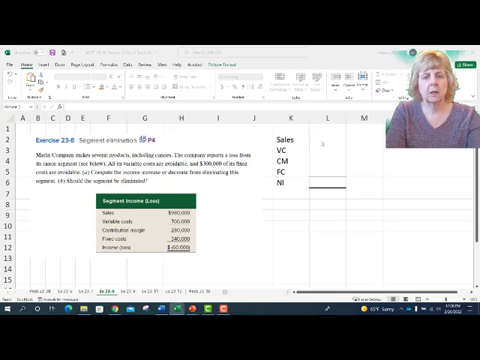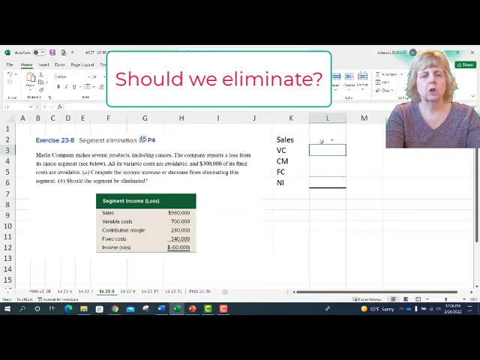Well, if they eliminate the segment, they would have 0 sales, and since they mentioned that all the variable costs are avoidable, you'd also have 0 in variable costs, which would give you a 0 contribution margin. And then they mentioned that $300,000 of their fixed costs are avoidable.